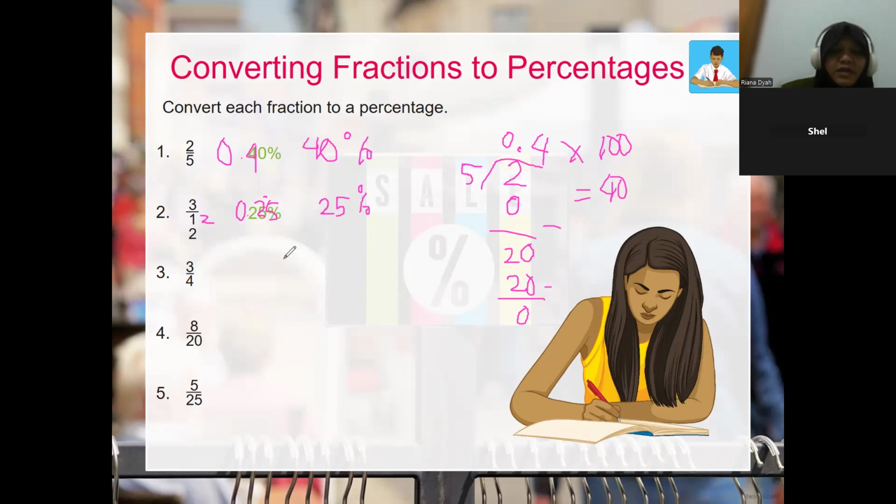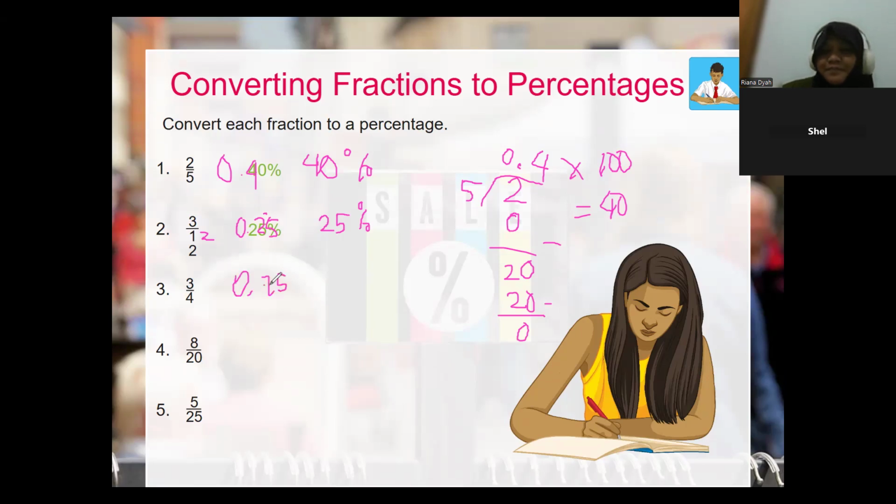Or in percent, it's going to be 75%, yeah. 75%. Okay, next, number 4. After you get the decimal, directly change it into percent, yeah. I know you can do it.